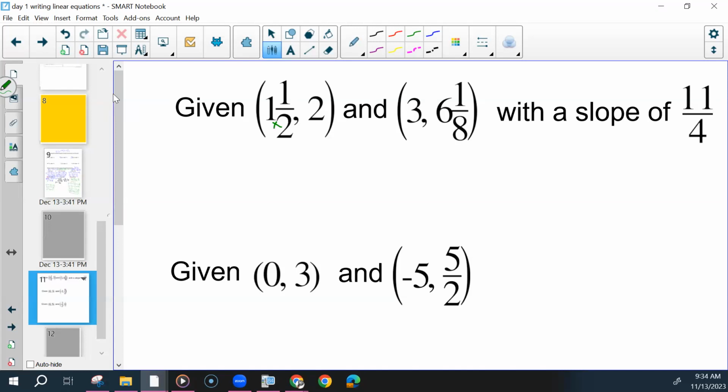Multiply these 2, add whatever that is. So 2 plus 1 would be 3, and then over. Same thing here, multiply 6 and 8, add 1, put that over 8. What was that fraction?